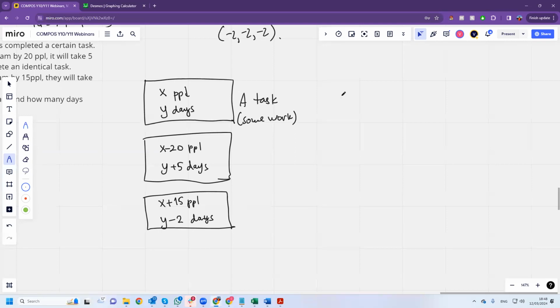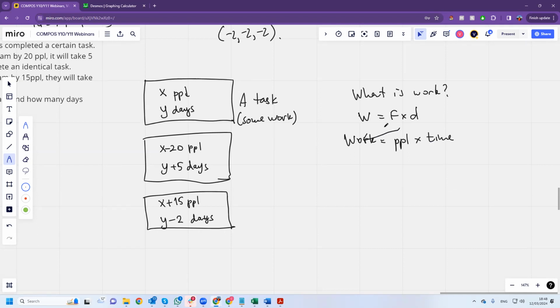Well, let's define the amount of work. How do we measure the amount of work? Work is usually measured in worker hours. What is work? In physics, of course, work is force times distance. But when you're talking about people, work is people multiplied by time. Because what do we mean by people?